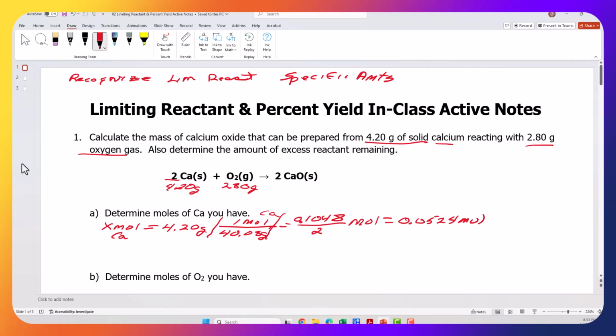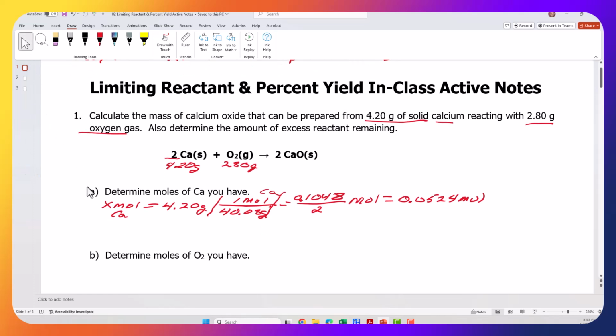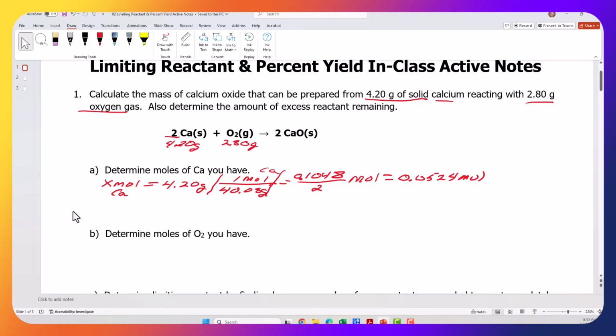Let's go ahead and scroll on down and figure out how many moles of O2 I have to work with. Let's get a pen. Okay, let's figure out how many moles of oxygen we have to work with. We've got 2.80 grams of oxygen.